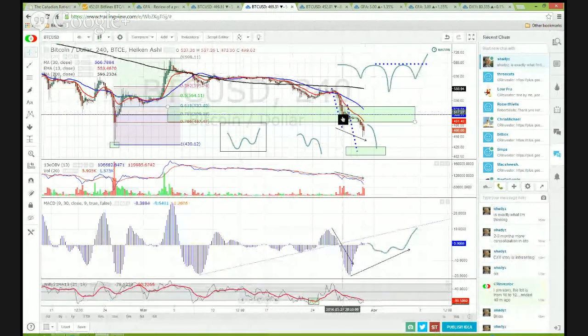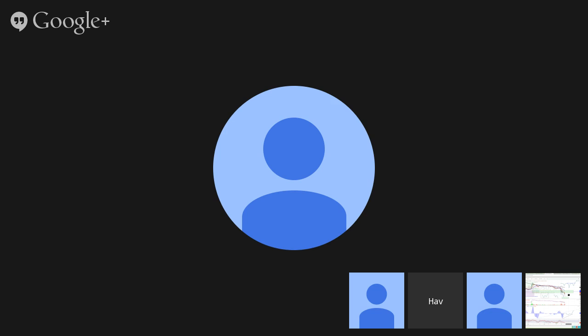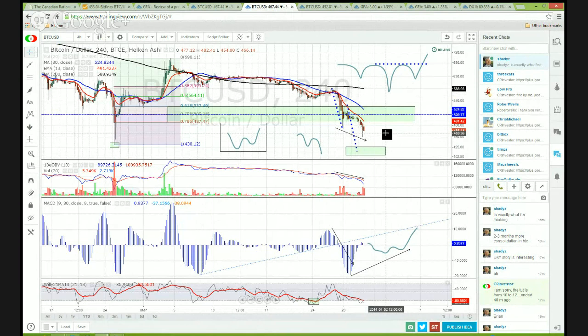Right now, all I see are lower lows and lower highs. Remember, getting back to supply and demand, in the short term, supply just keeps overwhelming demand. And now the news that China is basically telling its citizens that they have to sell all of their Bitcoins by April 15th, well, what a coincidence, right? Supply is overwhelming demand right now.